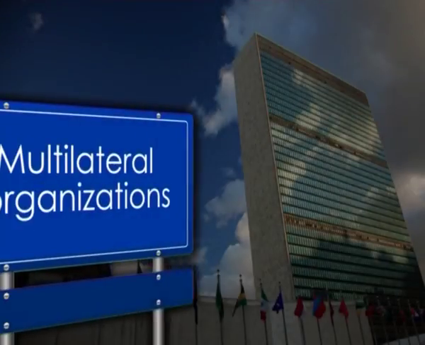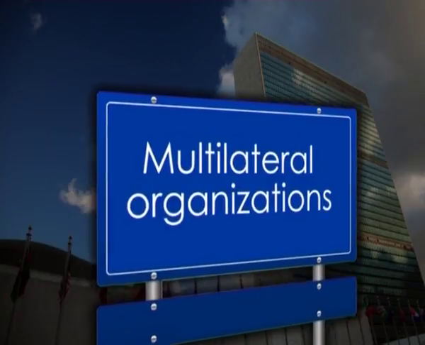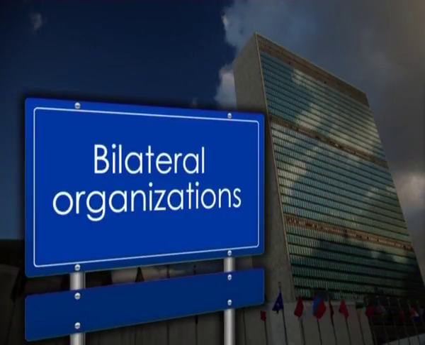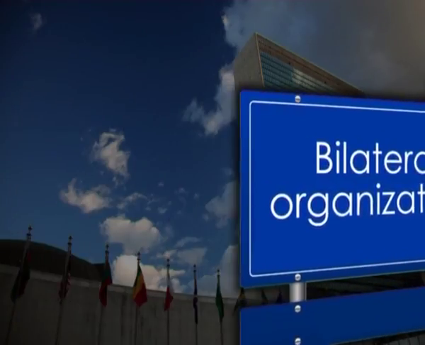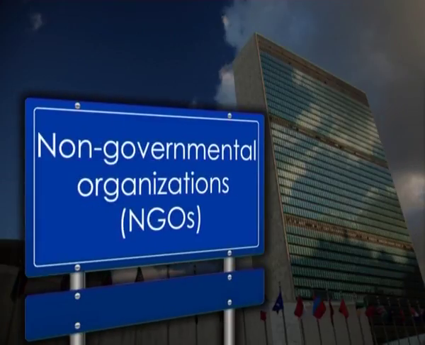International health organizations work as an agency for health-related issues. The functional nature of the health agencies are generally divided into three types. 1. Multilateral organizations. 2. Bilateral organizations. And 3. Non-governmental organizations, also known as NGOs.